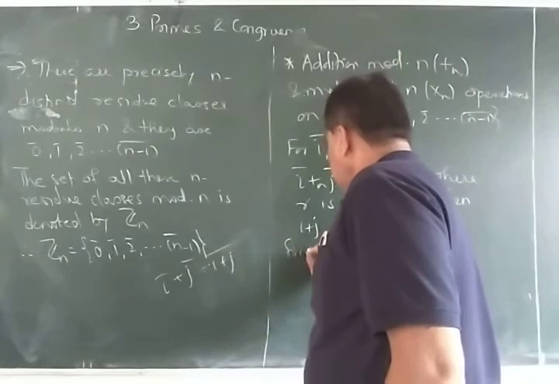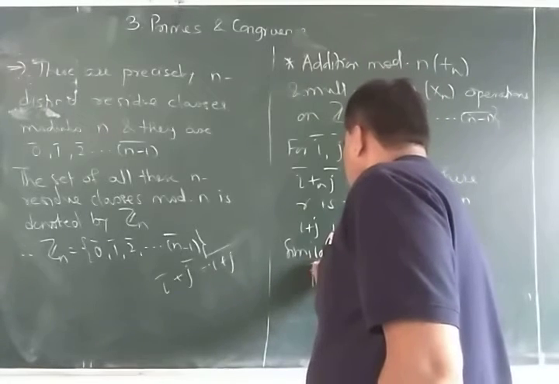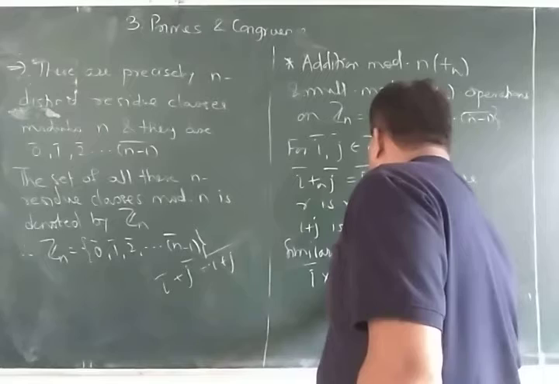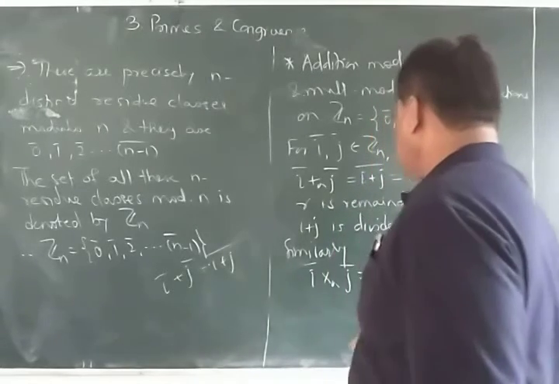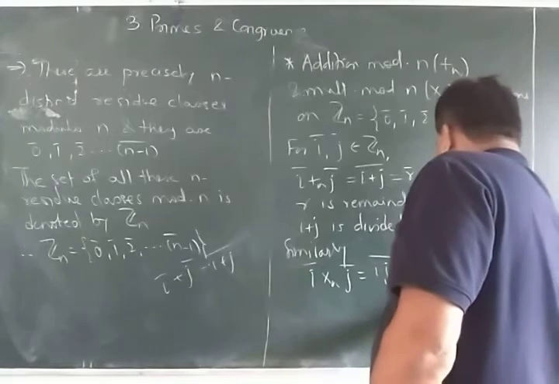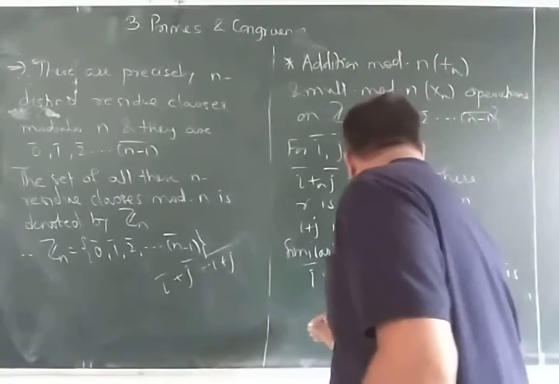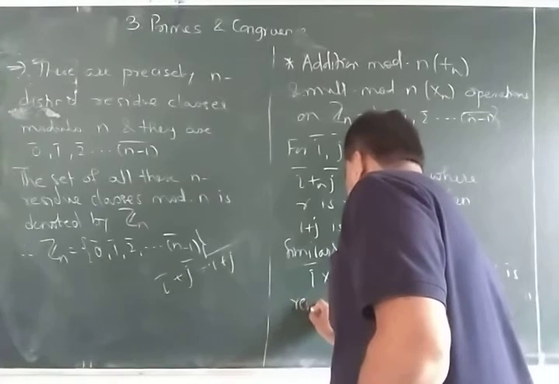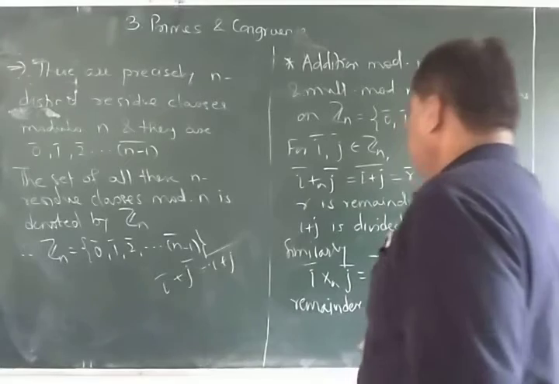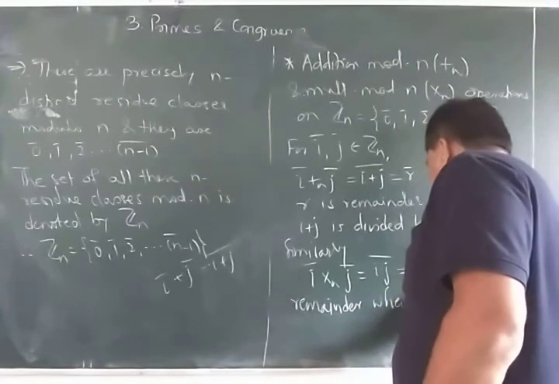Similarly, i bar into j bar is equal to ij bar, which is equal to R bar, where R is the remainder when ij is divided by n.